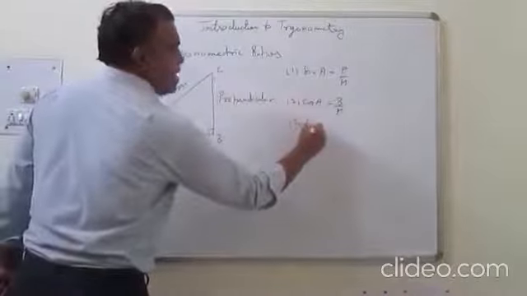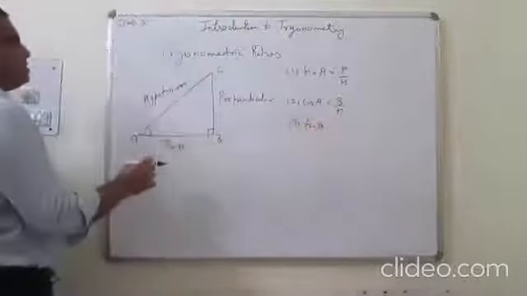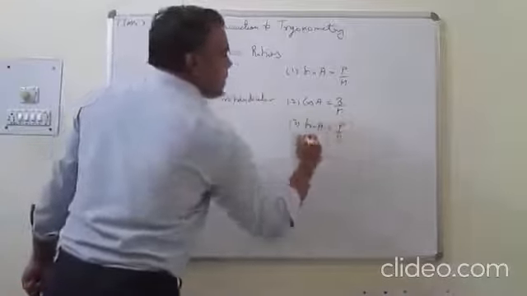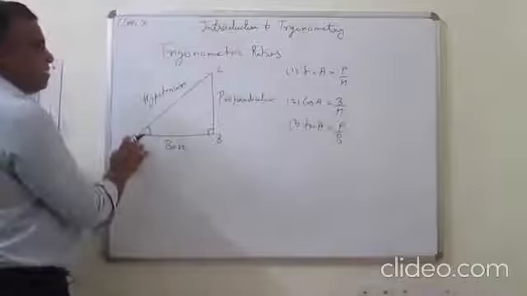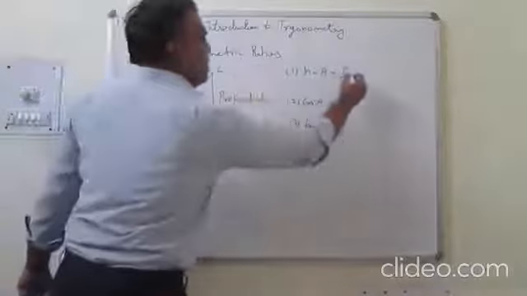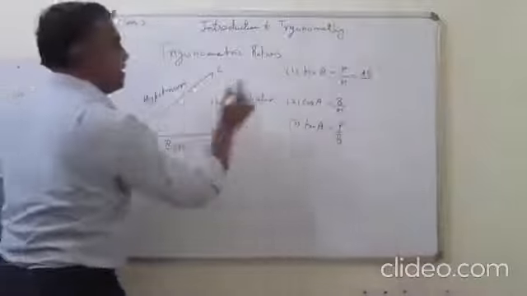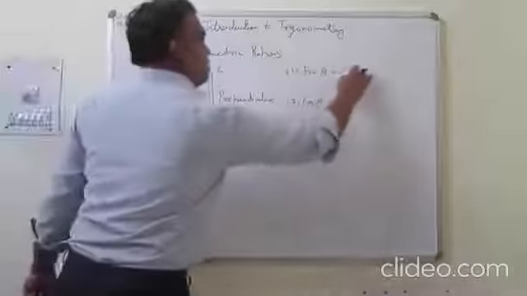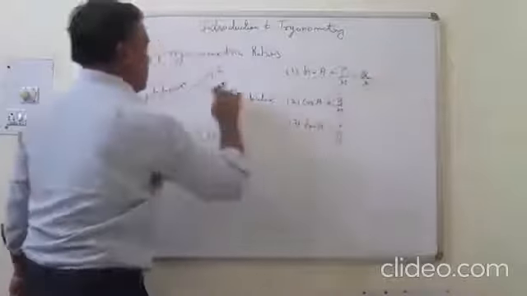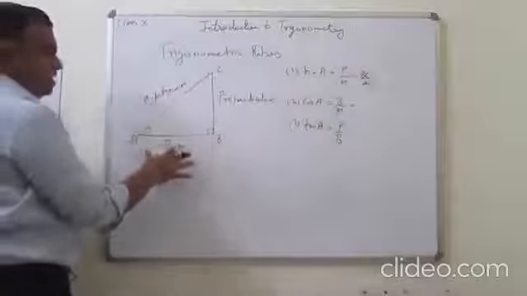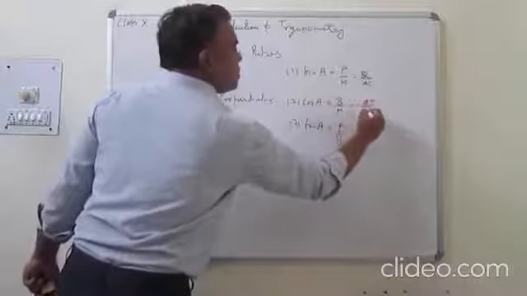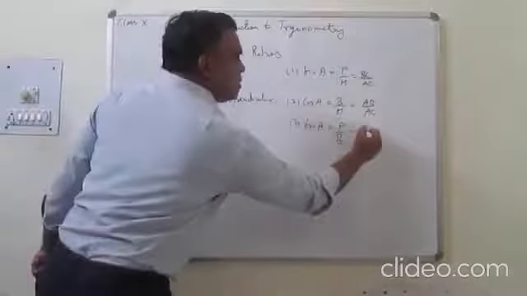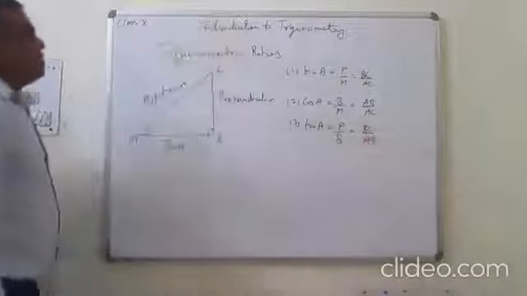Now tan A, it is the ratio of perpendicular upon base. Perpendicular is BC upon AC, base AB upon AC, BC upon AB.